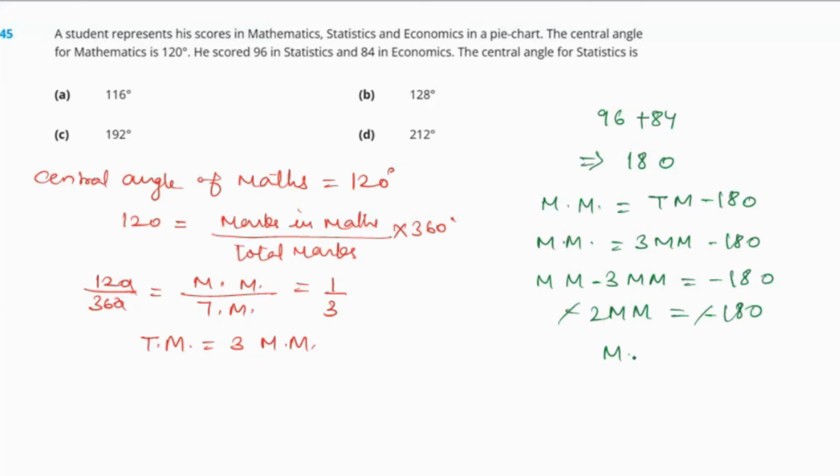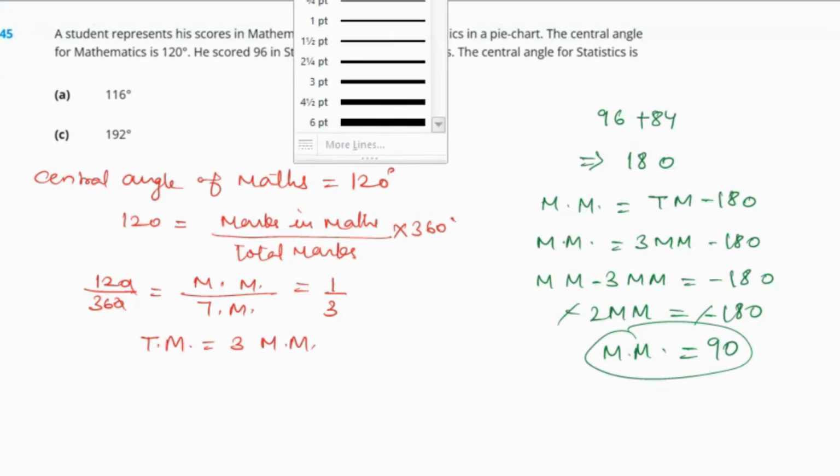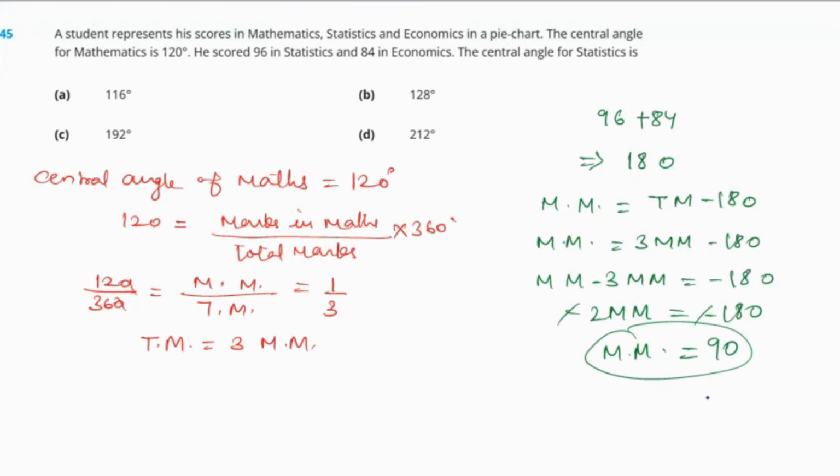So the marks in mathematics should equal what? 90. If the marks in mathematics is 90, okay, then we know the total marks needs to be thrice of that. So total marks needs to be thrice of 90, which means 270. So the question is asking about the central angle of statistics.